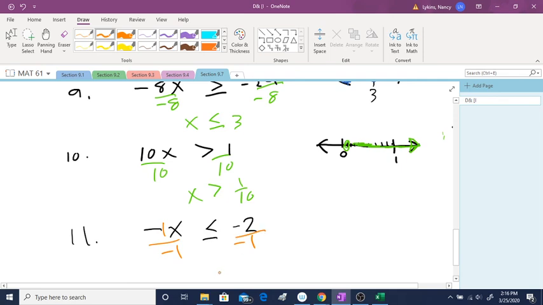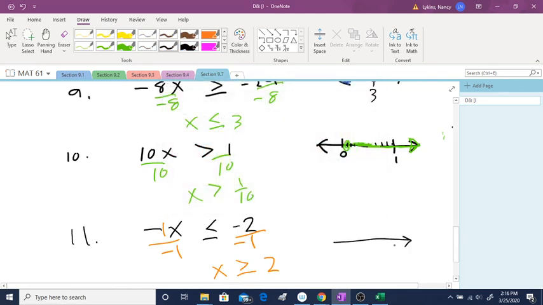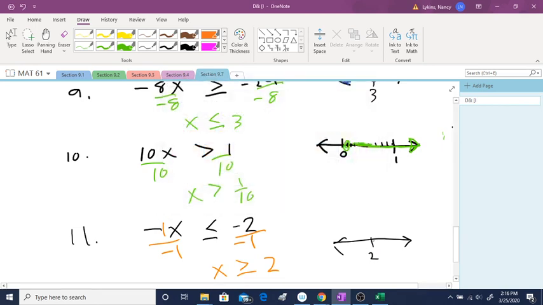Now, when you divide by a negative number, that flips the inequality sign to make it greater than or equal to. Two negatives make a positive, so -2 divided by -1 is a +2. So if I go over here to my number line that I'm just creating, I'm going to put in 2, and then I want to make the 2 a closed circle. It's going to the right, just like this.